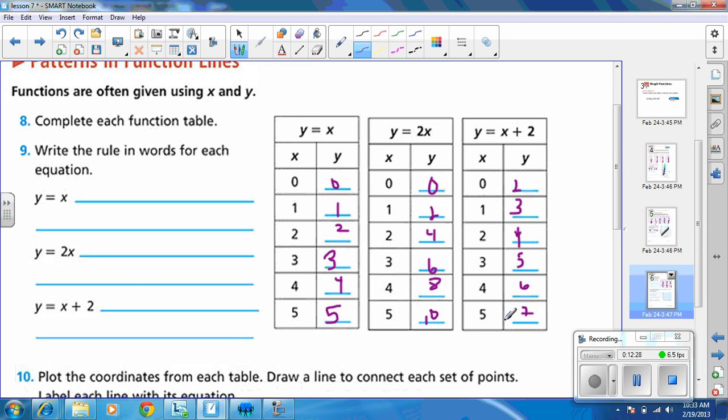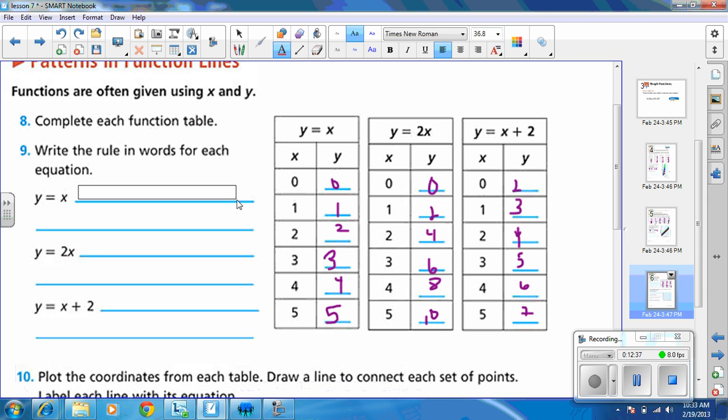Okay, so you guys should have those filled in. So a rule in words for these, let me pick a smaller type. X is equal to y, okay? A rule in words for this next one is y is equal to 2 times x.